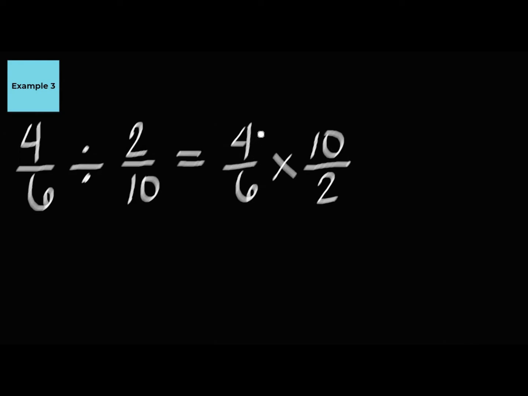What is the common factor of 4 and 6? Yes, 2. 4 divided by 2 equals 2. 6 divided by 2 equals 3.